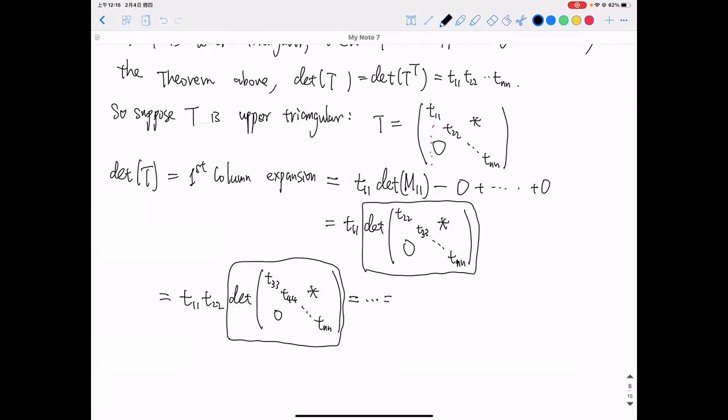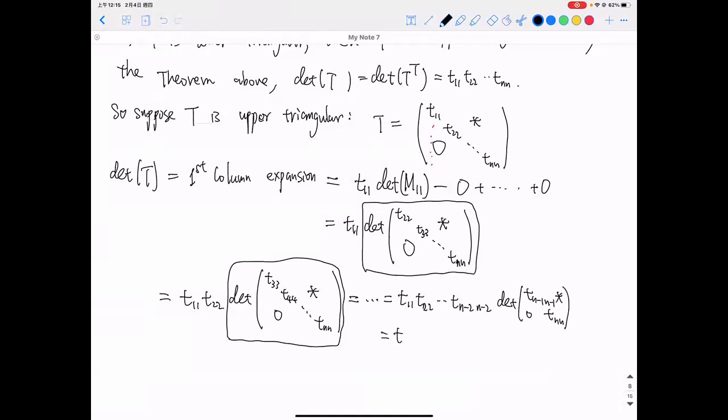So if you keep doing this n times, at some point you're going to get to T(n-2)(n-2), T(n-1)(n-1), Tnn, with 0 below.